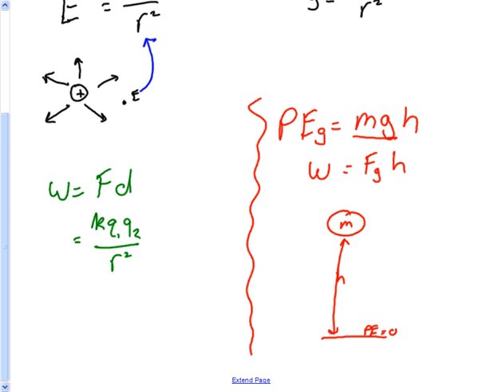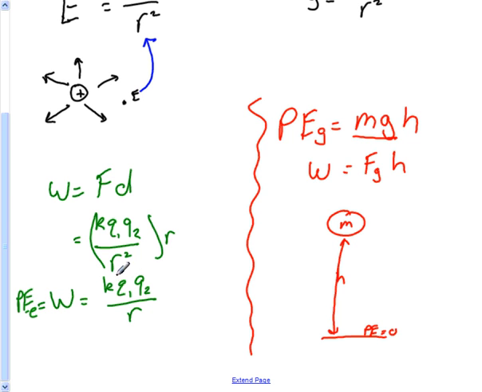If we multiply that by an R, we get the equation for work, or the potential energy for electrostatics: K times Q1 times Q2 divided by R.